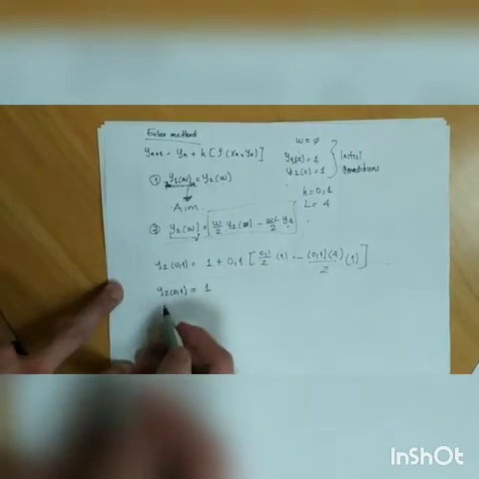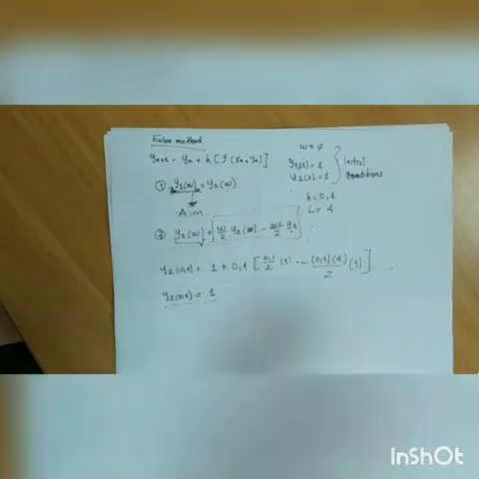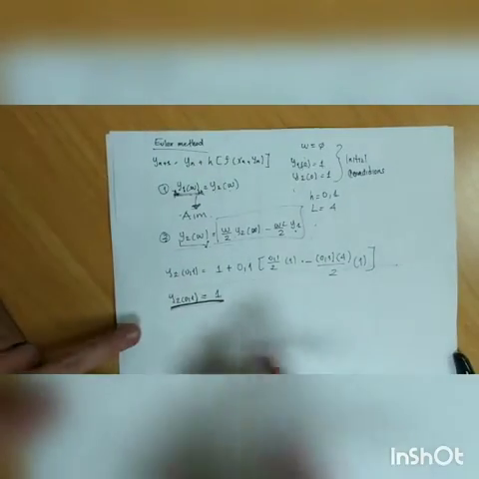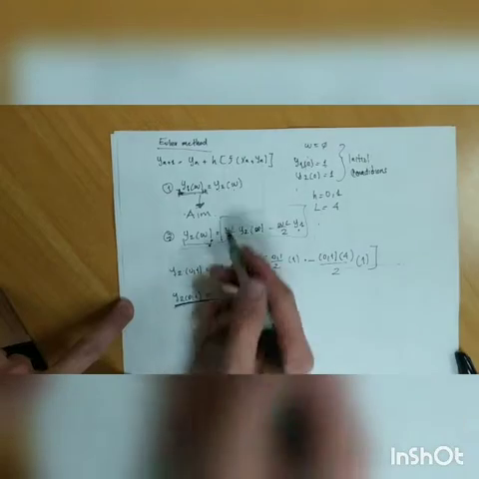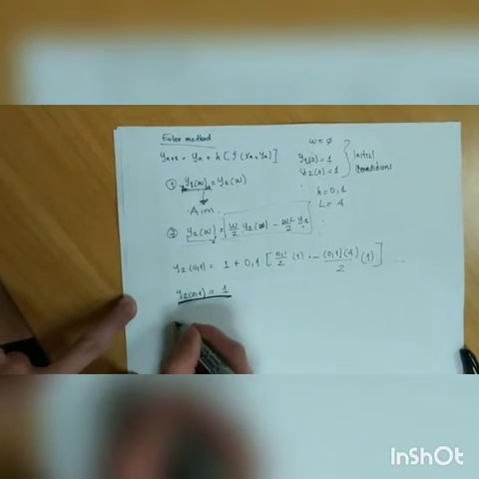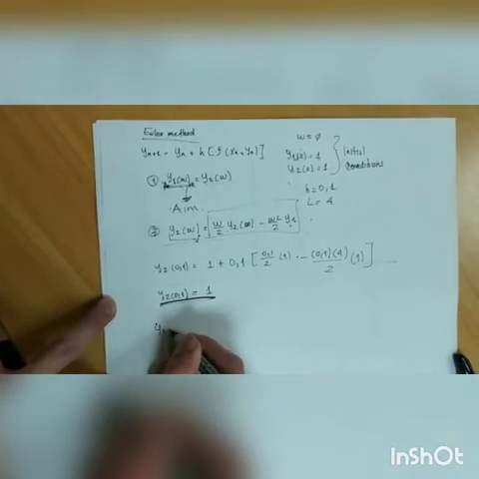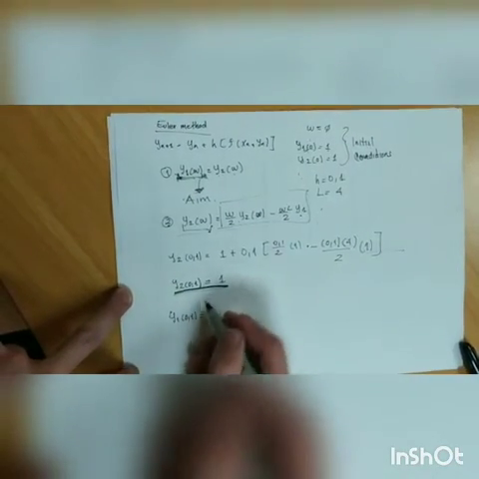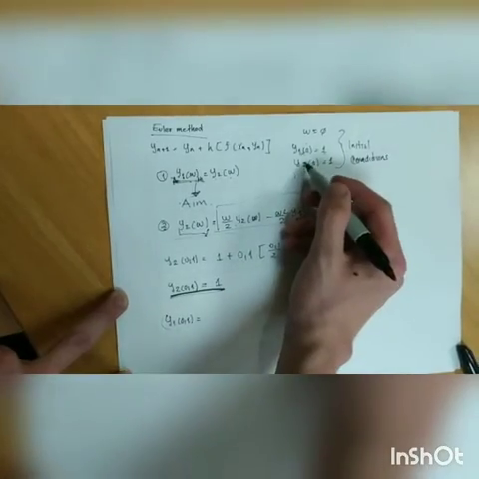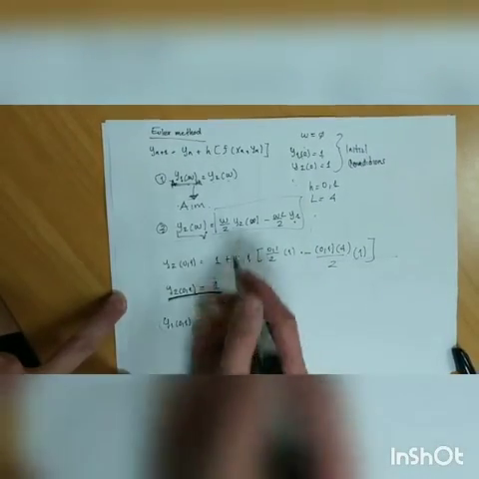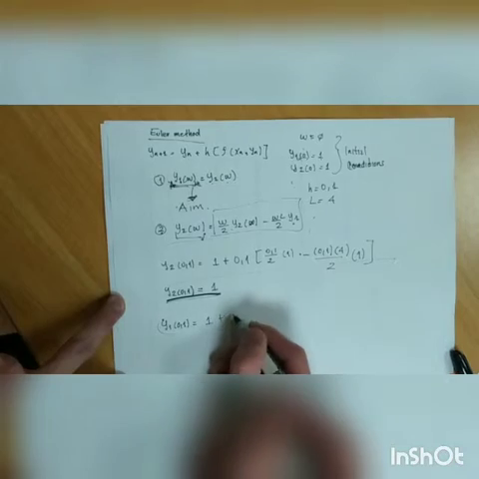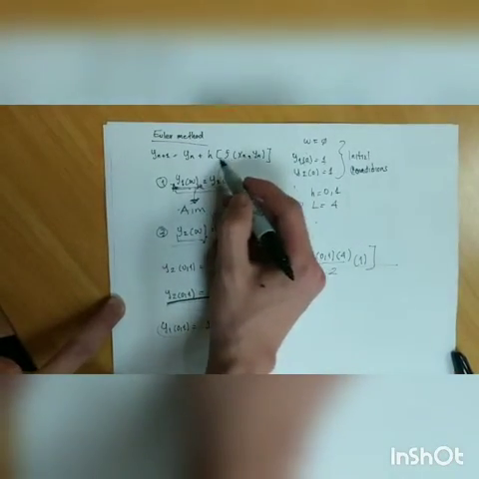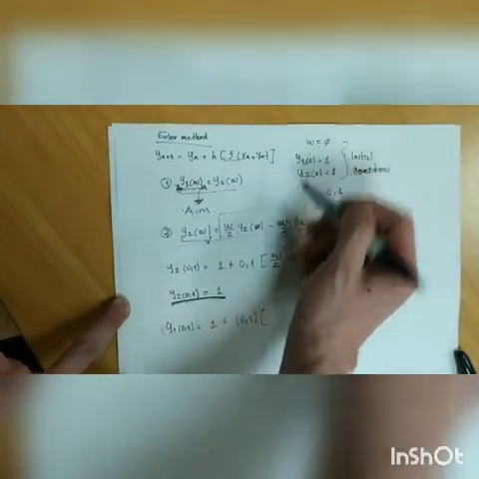Now that we know the value of y2 when w is equal to 0.1, we can resolve the first equation. So y1 when w is equal to 0.1 is equal to the previous y1, which from the initial conditions we know is 1, plus the step again, that is 0.1, multiplied by this function evaluated in the previous coordinates.